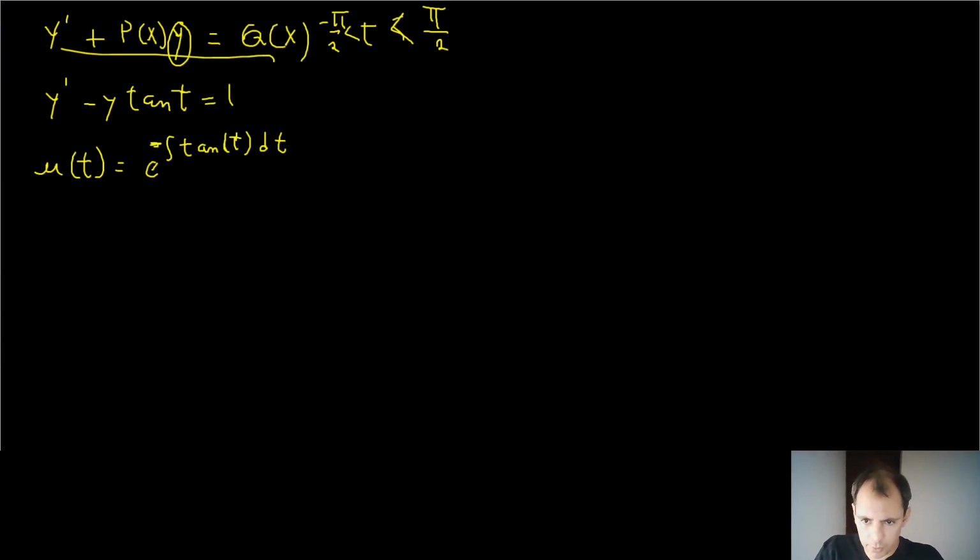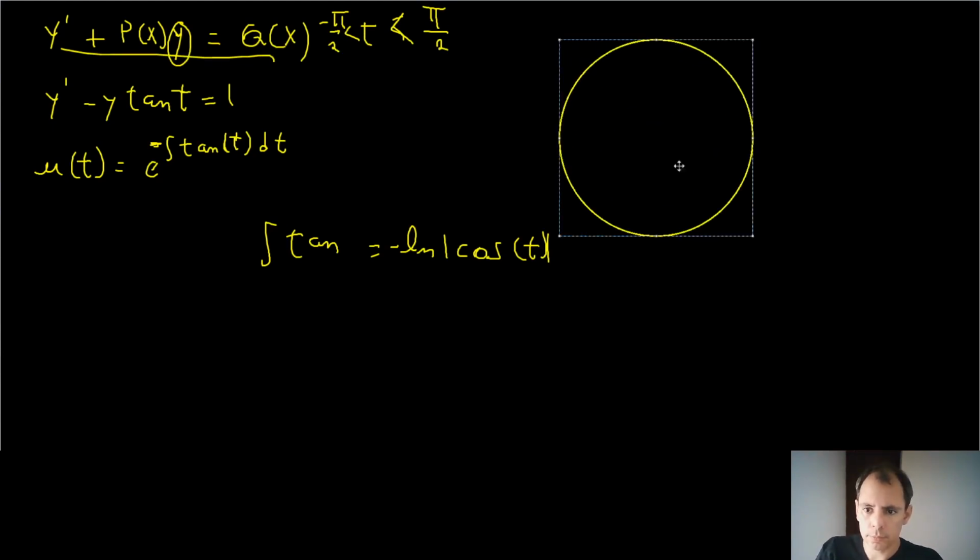Now, I don't know if you guys remember this, but the integral of tangent is equal to minus ln of the cosine of t. And this is between t equal to minus pi divided by 2 and pi divided by 2.